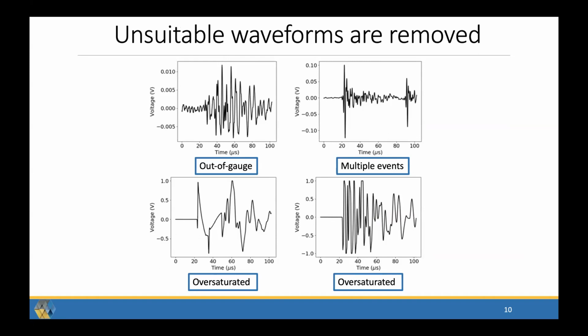We did see, I think, 6 events where multiple events happened to overlap, and you can see that quite clearly in the upper right. So we took those out. And then we did see some oversaturation of the sensors that we also took out.